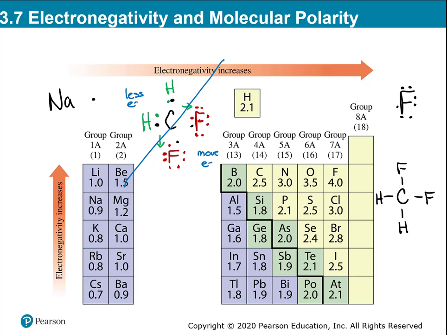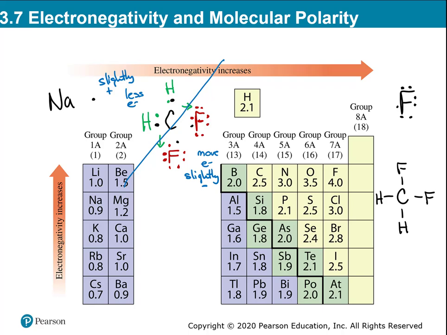Because of that, that side close to the fluorines becomes slightly negative. It doesn't become negatively charged, so it's not ionic, it's still sharing. So it's still covalent, but it's an unequal sharing, which creates a slight charge. So you would say this side is now slightly negative. That's going to create this side where the hydrogens are as being slightly positive.